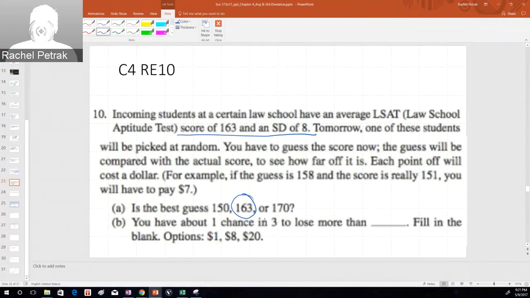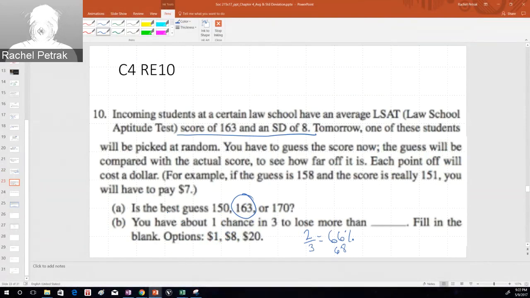So you have a 1 in 3 chance. That's because 2 out of 3 is 66%. If within 1 standard deviation above and below, we have 68%, that's quite close to 66%. And that's where they're getting this idea.